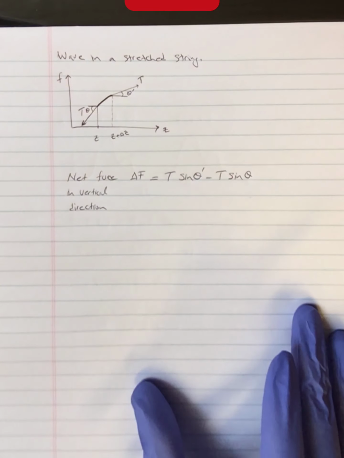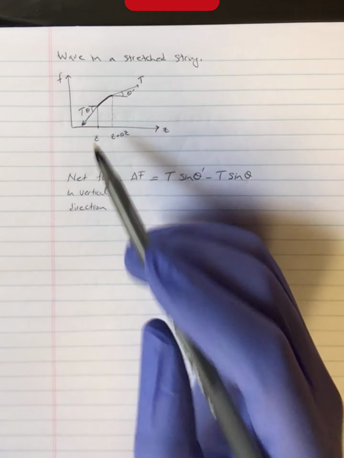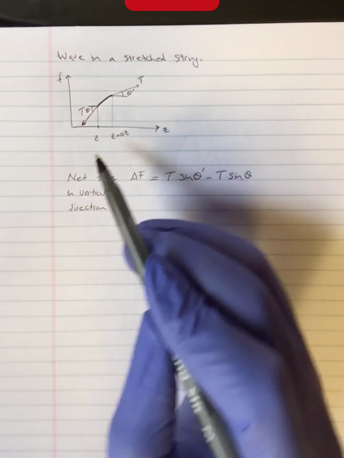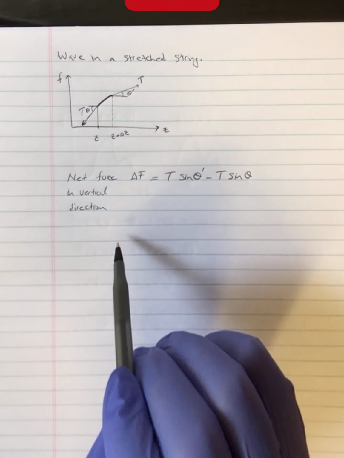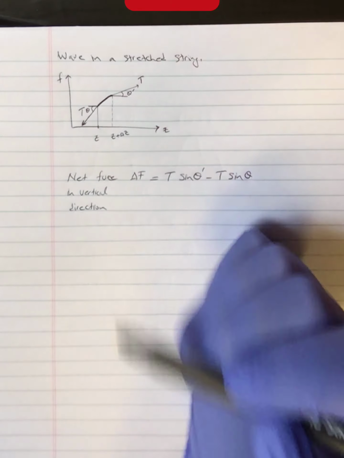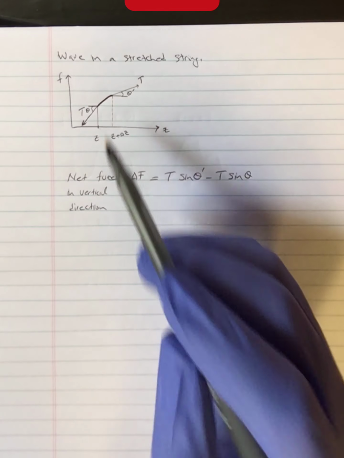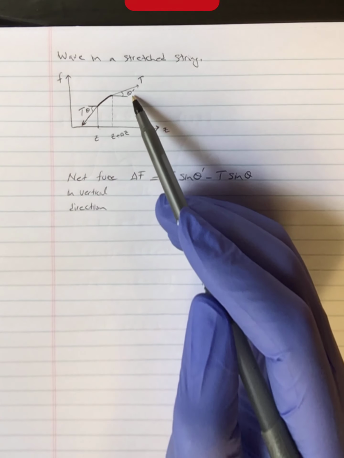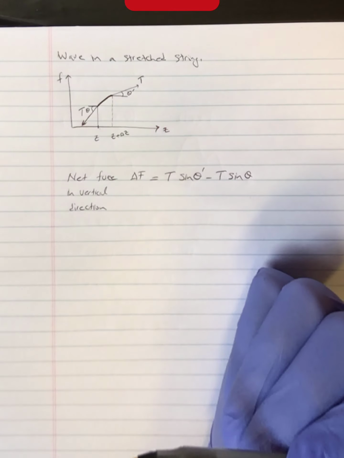The waves that we are looking at are not very crazy. They are not too far away from the equilibrium position of the string. Okay, so the distance and angles are exaggerated here. Usually, if the wave is not that big, the angles theta prime and theta are very small.